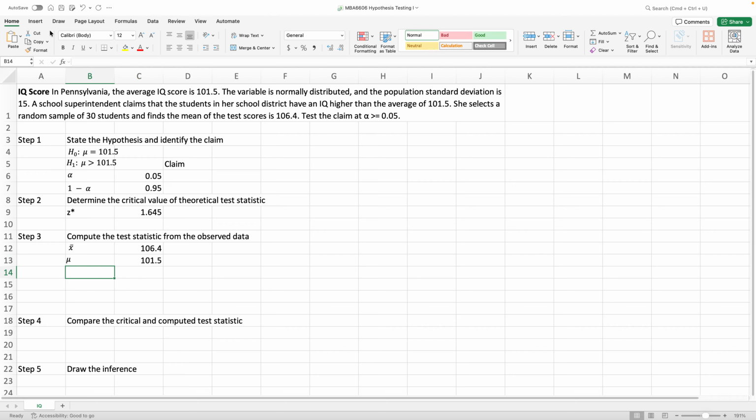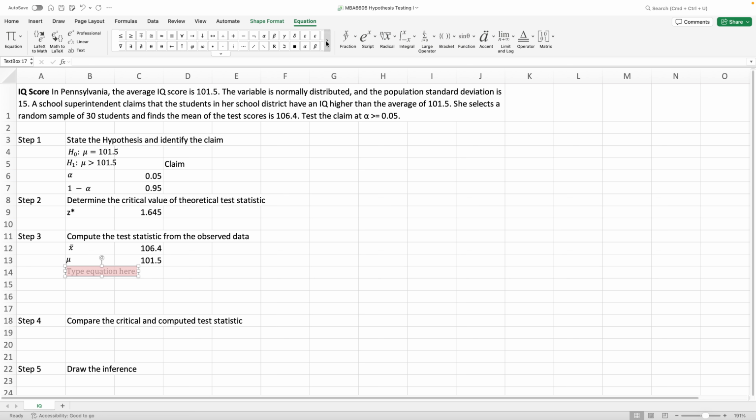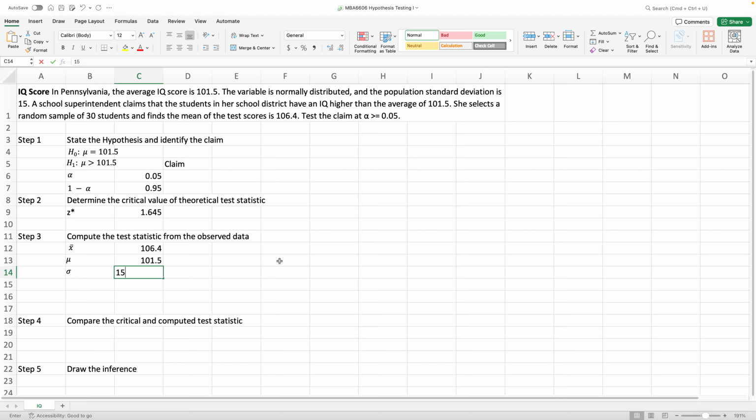And finally, let's copy it and change it to sigma, which is 15.